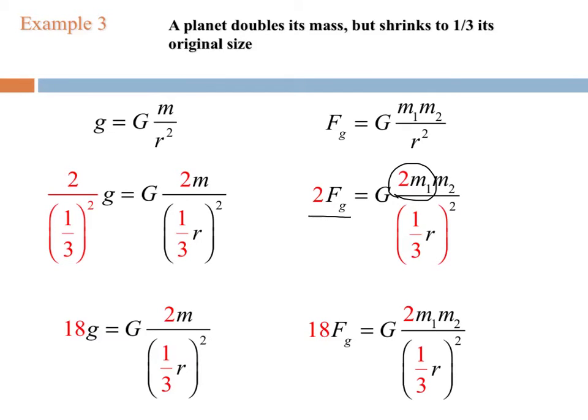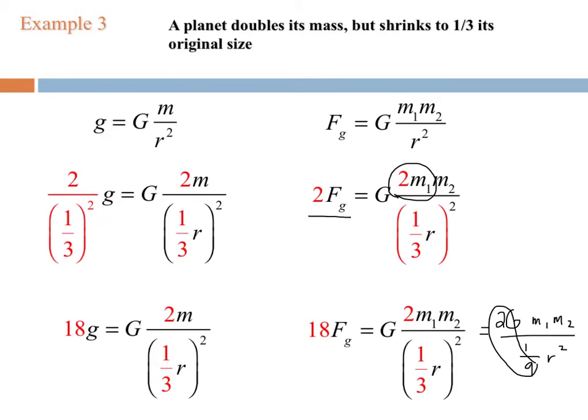But then when you reduce its radius by a factor of 3 and you square that bottom part, that means that the bottom part becomes 1 over 9r squared. Now, when you have a fraction down at the bottom, remember that you have to inverse it and multiply it. So that gives you an increase by a factor of 18.